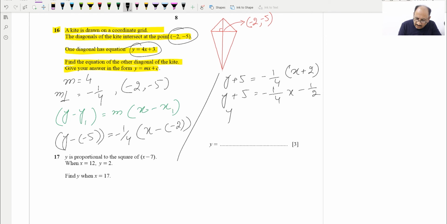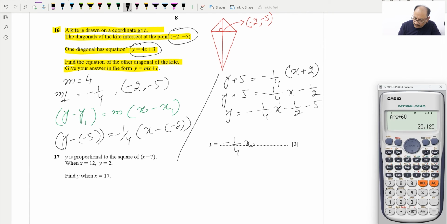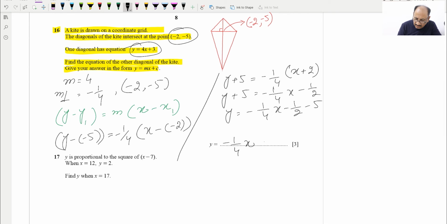And further we can write y is equal to minus 1 over 4x minus 1 by 2 and minus 5. So y is equal to minus 1 by 4x, and further we can solve minus 1 by 2 and minus 5 is equal to minus 11 by 2, and this will be the answer for 3 marks.